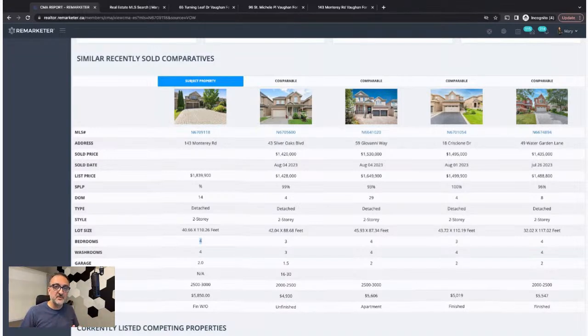So these properties, even though they wouldn't be considered as a comparable in a traditional CMA, they do compete with each other. Every property, a condo competes with a townhouse competes with a detached, and a semi-detached competes with a townhouse as well, because these are all options in the eyes of the buyers, right?